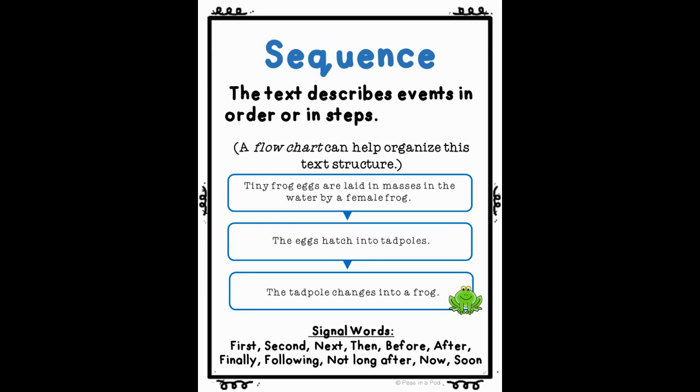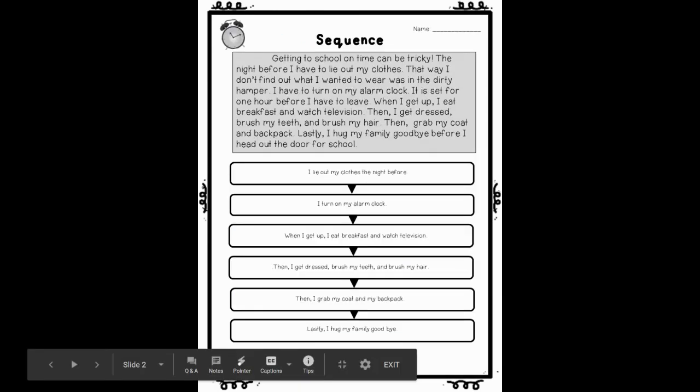The tadpole changes into a frog. Is that an example of a sequence? Yes. When you are putting that flowchart into a paragraph, look at the signal words that you should use. When you write your paragraph, I want to see those signal words incorporated into your writing.